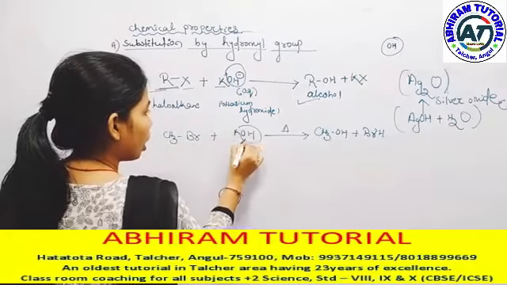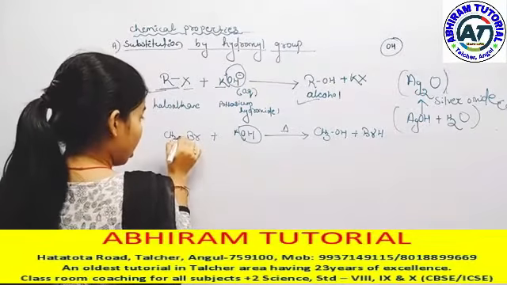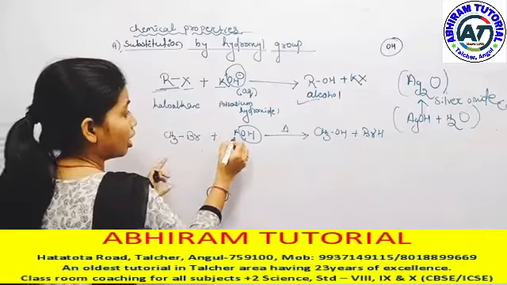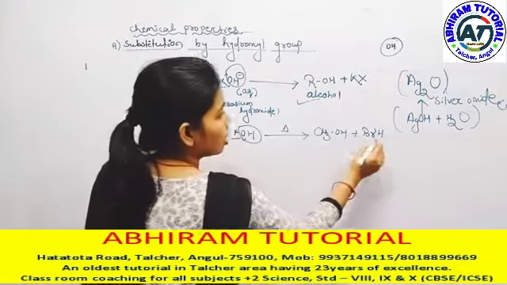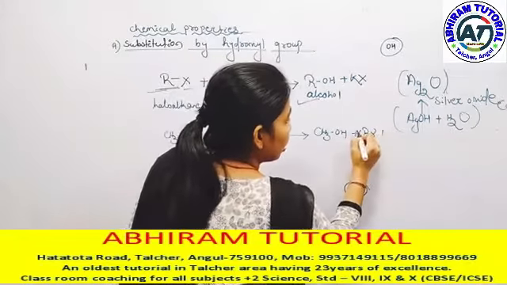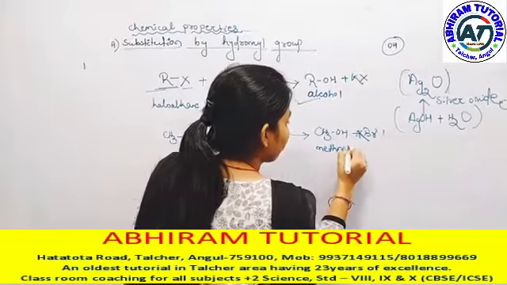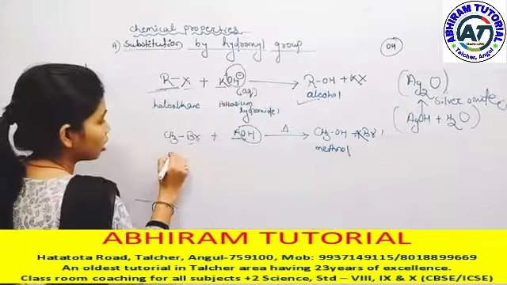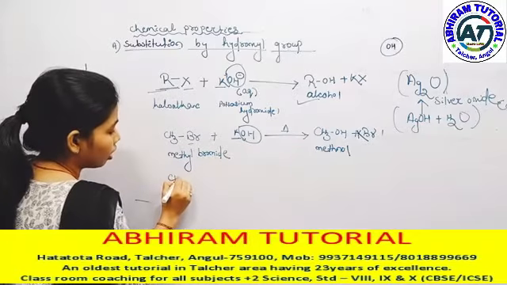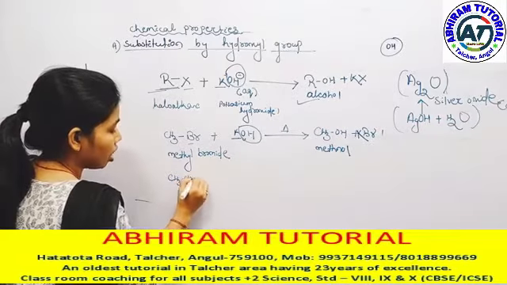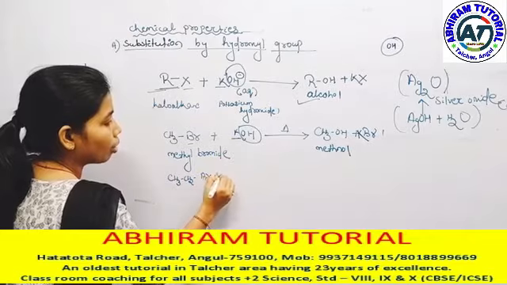Similarly, OH reacts with CH3Br, and KBr is eliminated as a byproduct. That is our methanol, from methyl bromide.